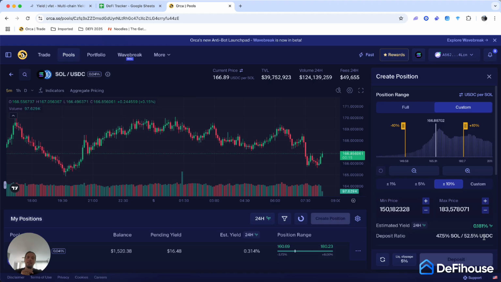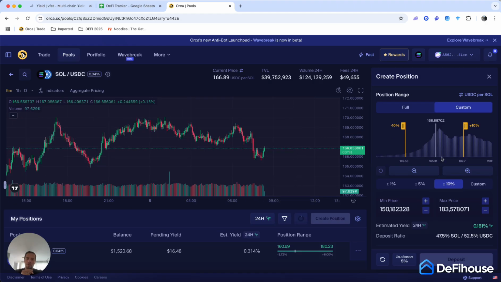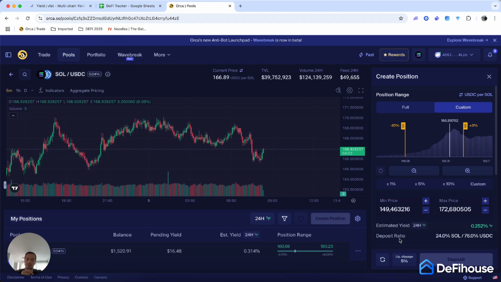But now, if I want to make the range not like that, but for example, minus 10% but only plus 3%, because I think Solana is more likely to go down rather than up, and I want to have more space to go lower rather than just leaving it at 50-50. In this case, as you can see, you will be depositing 24% in Solana and 76% in USDC.